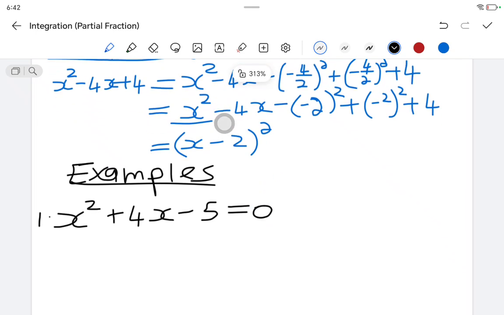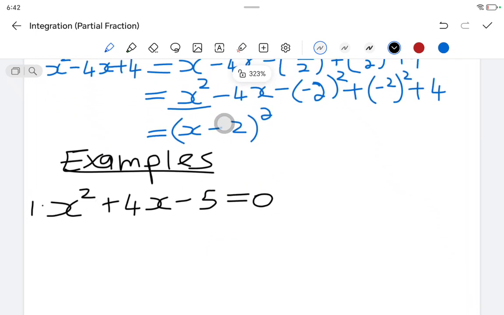So mostly what you can do here, how they used to teach us completing the square in high school, is you can leave the terms which have x only on the left hand side.